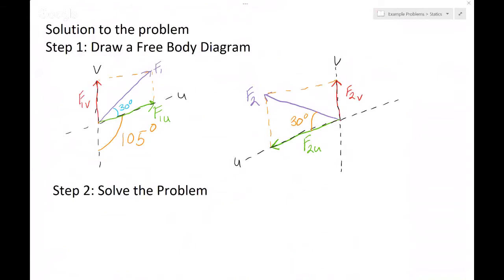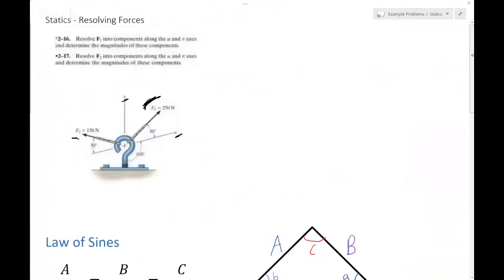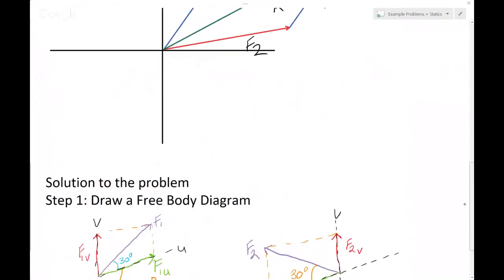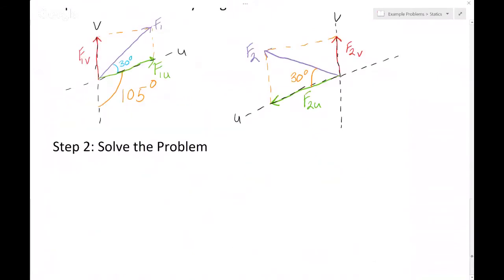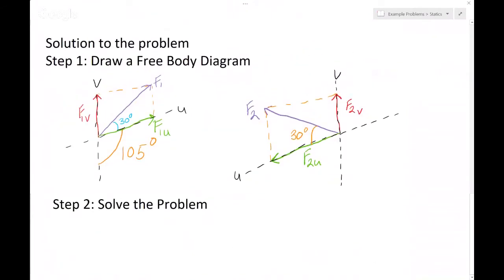So for dealing with the force 1 here, we can take what we have up here, the information given to us, and transcribe it to the diagram.